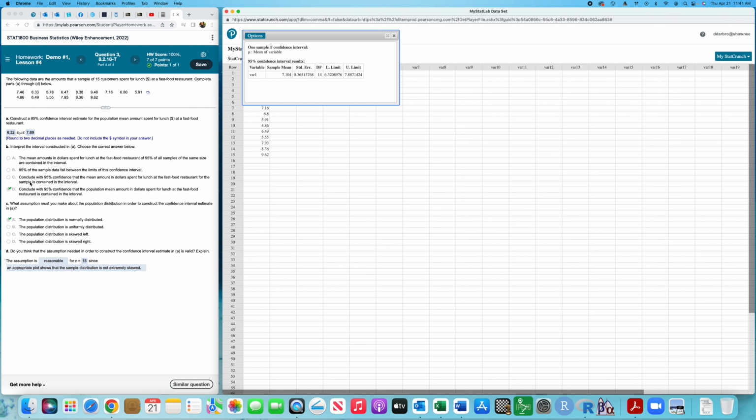So it has to be within the interval because it was used to create the interval. So I'm 100% confident that the mean amount of the sample is contained in my interval because I used it to create the interval. Small sample, anything below 30. Remember, we have to have a population that is normally distributed. All this other stuff makes no sense. And then you just come in and choose the correct interpretation.